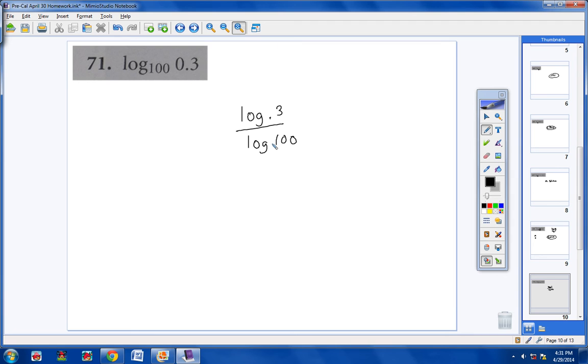So I'm going to type into my calculator the log of 0.3 and then hit enter, and then divided by the logarithm of 100 and then hit enter, and we will get this for an answer, negative 0.26143. And because of this 3 right here, we will leave the 4 alone. Okay, and so your answer is right here.